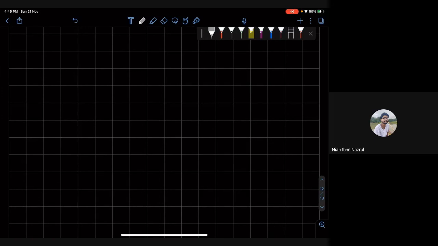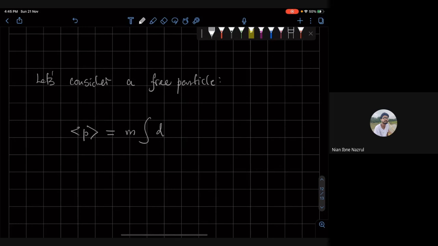So let's do it for, it should be the same, but let's consider a free particle. Although the V terms do not, the V term doesn't. So if p is m d/dt of the expectation of x, which is the integral of x times d psi star/dt psi plus psi star d psi/dt.